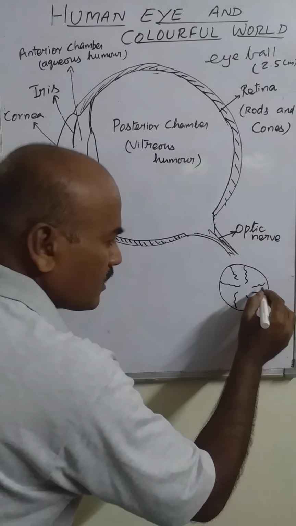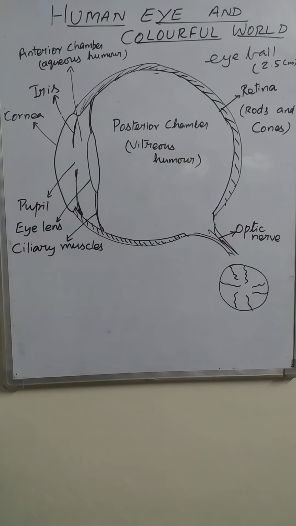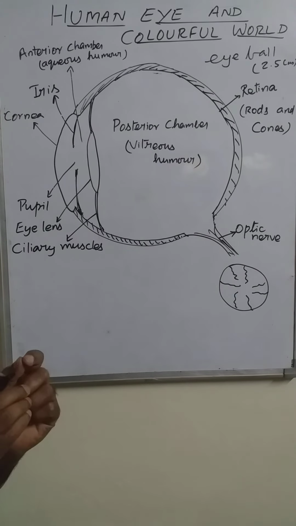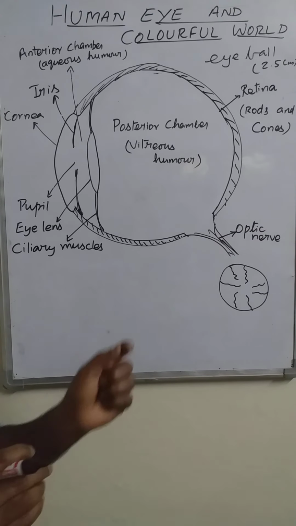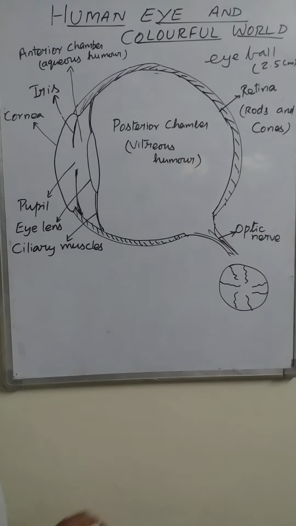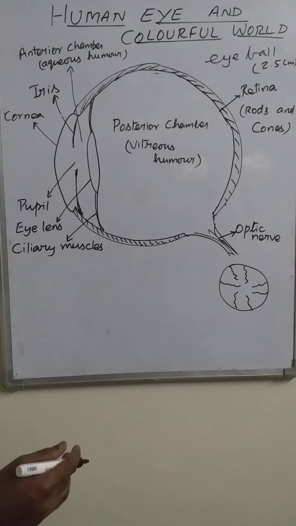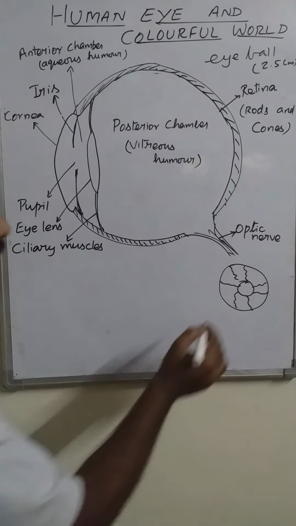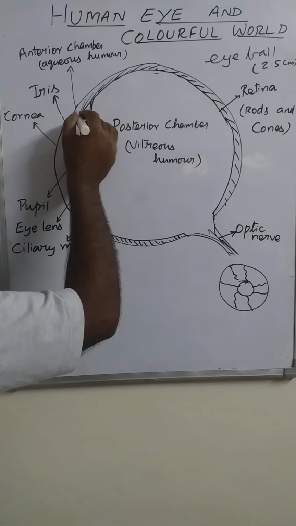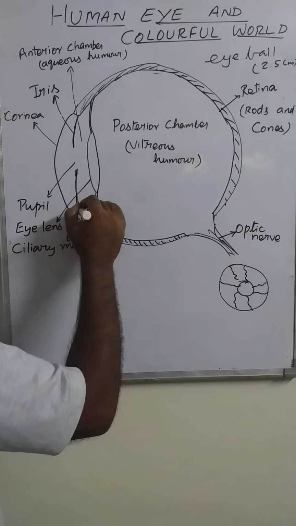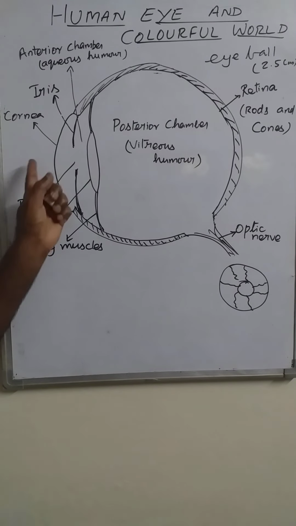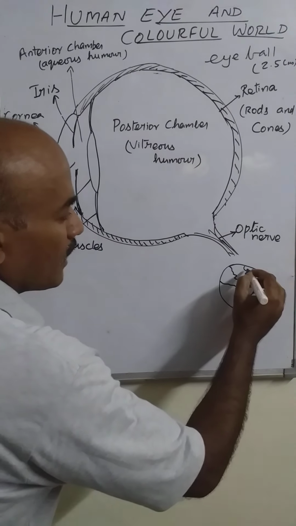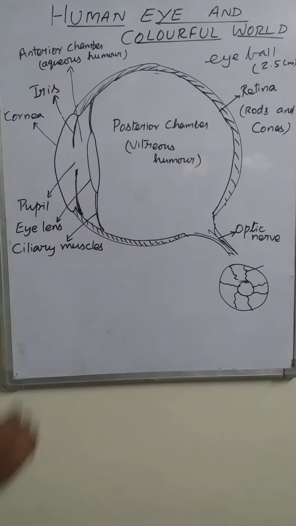These fiber-like structures are also tissues which have the ability to change their length. They can increase or decrease the length. And these fibers have a hole at the center. These fibers are represented like this. These are the fibers which extend from the circumference of the cornea. And these parts are the iris.